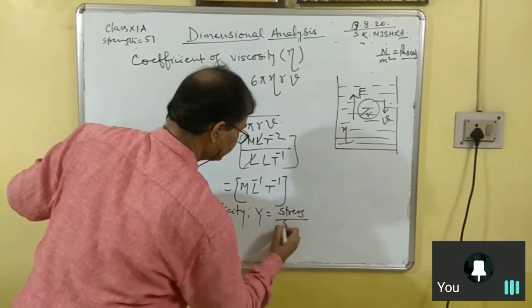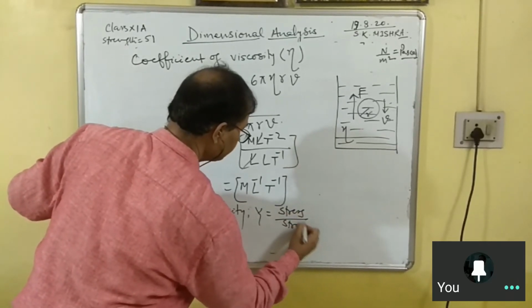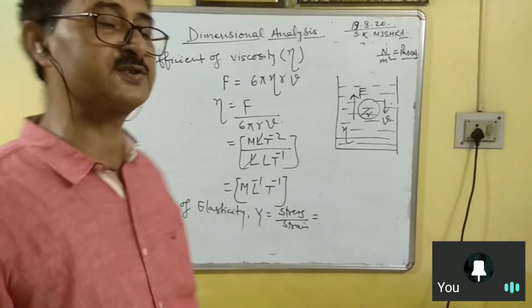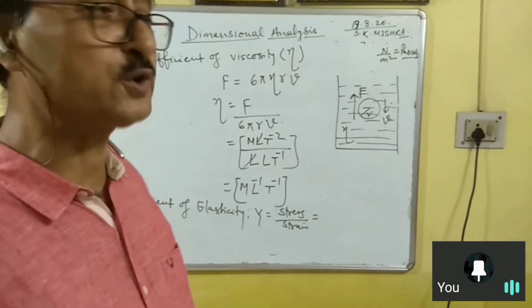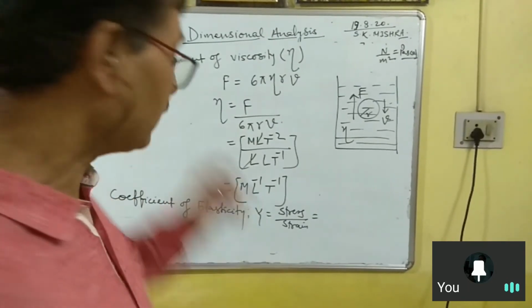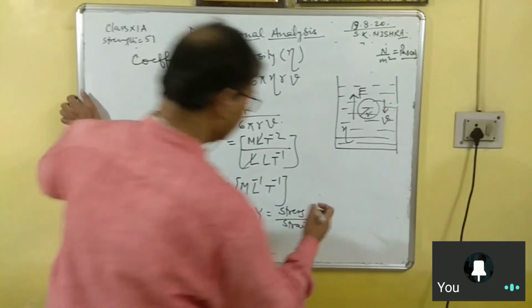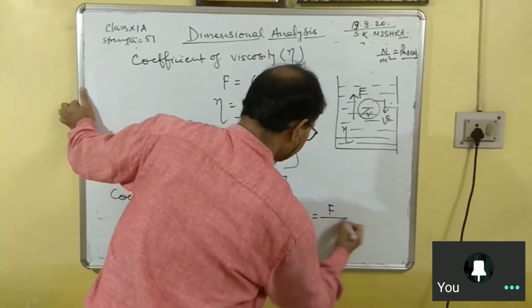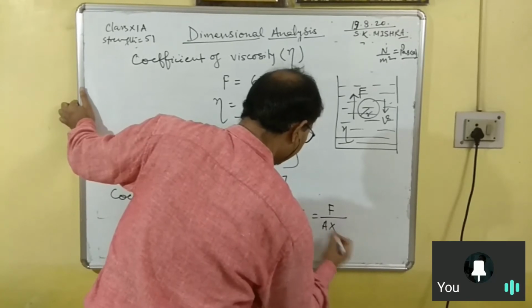A stress has the same dimension as that of pressure, because stress is also the deforming force per unit cross-sectional area. So what was the dimension of pressure? Pressure is force by area. So force by area, and a strain has no dimension.